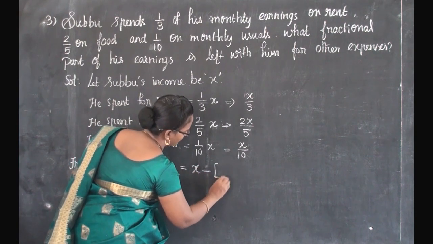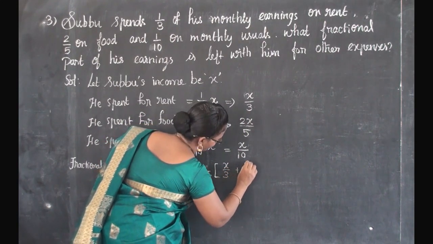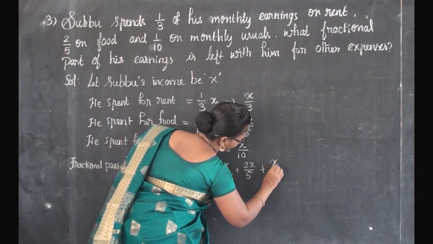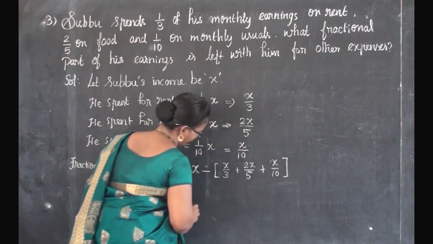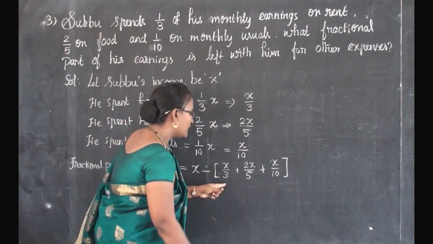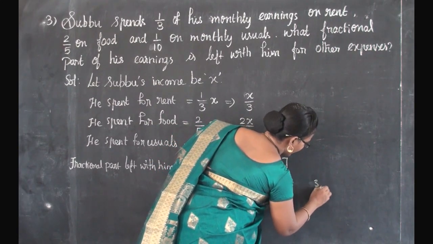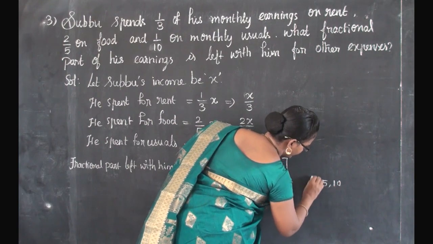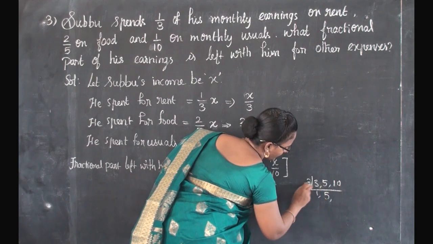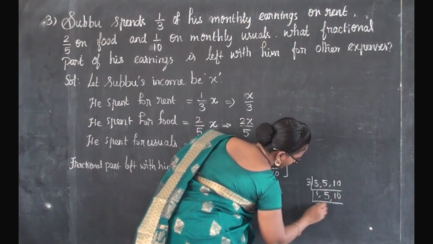So minus (x/3 + 2x/5 + x/10). So here the denominators are not equal. It's okay. Let us take the LCM of 3, 5, 10. We can't divide by 3, so we put it as it is.